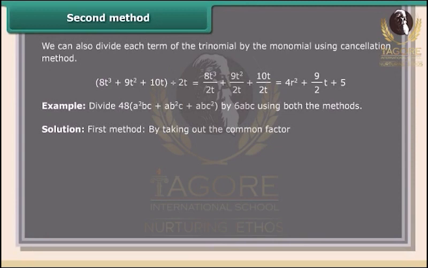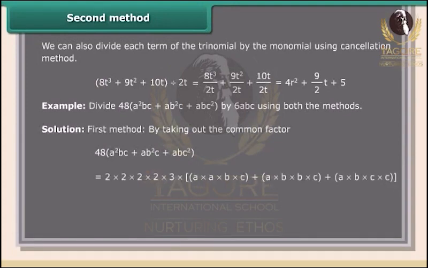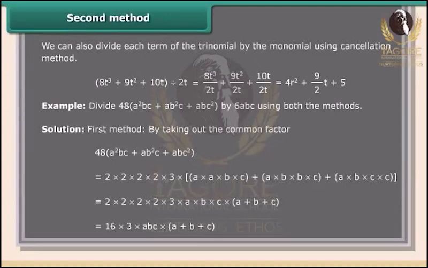First method, by taking out the common factor. 48 a square bc plus ab square c plus abc square is equal to 2 into 2 into 2 into 2 into 3 into a into b into c plus a into b into b into c plus a into b into c into c, which is equal to 2 into 2 into 2 into 2 into 3 into a into b into c into a plus b plus c, which is equal to 16 into 3 into abc into a plus b plus c.